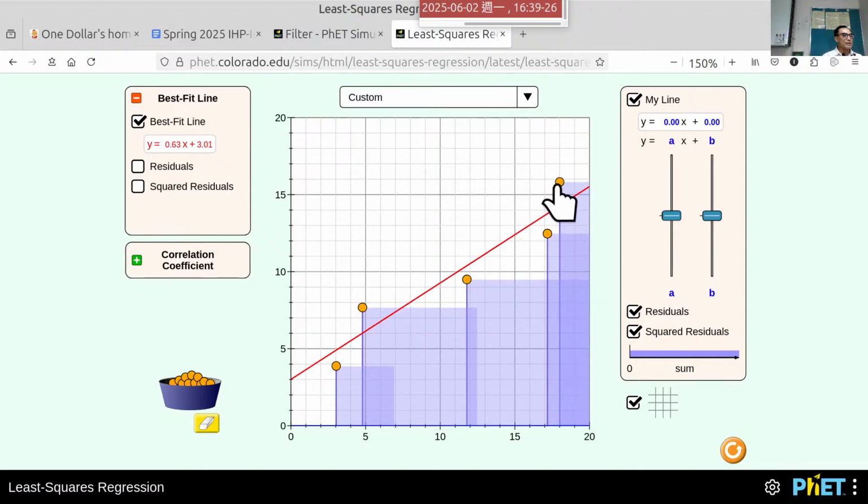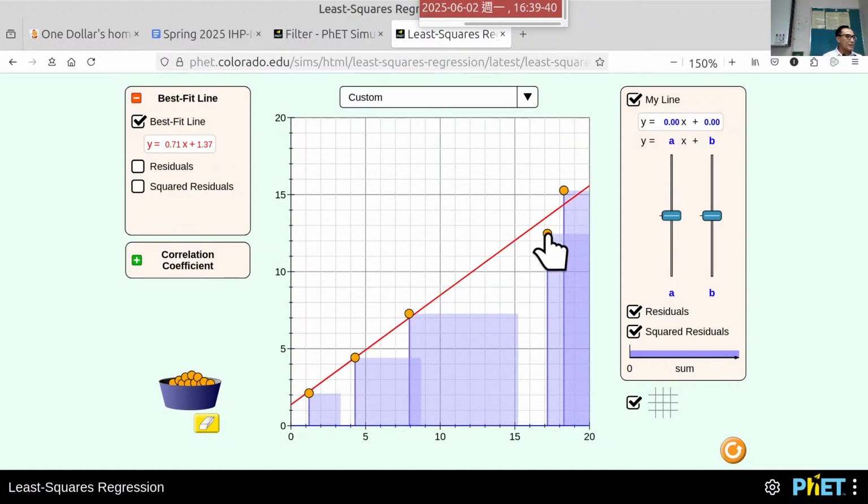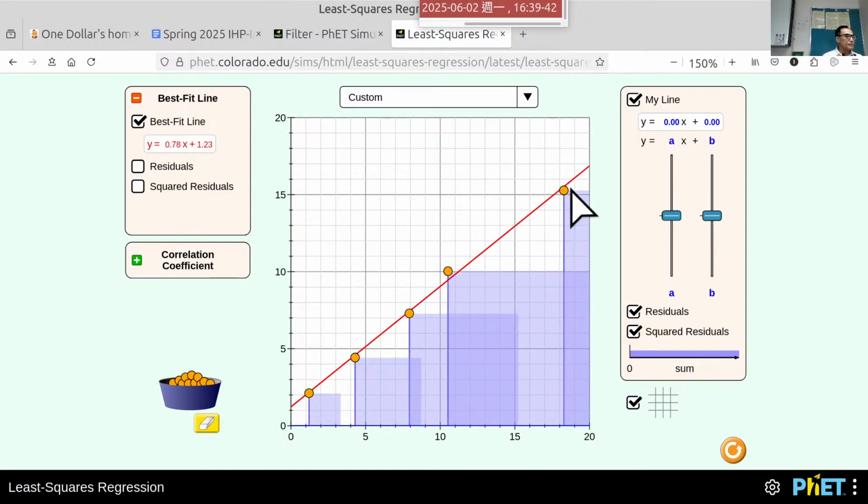Here is the residuals. And squared residuals, what does it mean? If I have this one, what does it mean? The square root, okay.